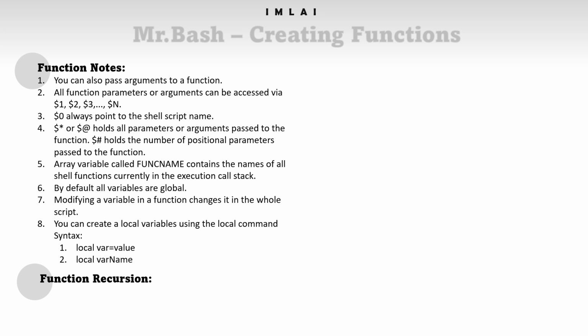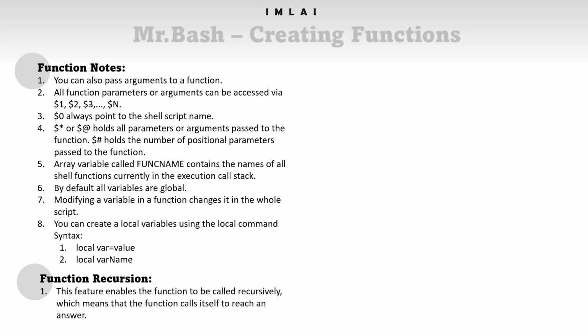Then we have the function recursion concept. So what is function recursion? One feature that local function variables provide is self-containment. A self-contained function does not use any resource outside of the function, other than whatever variables the script passes to it on the command line.